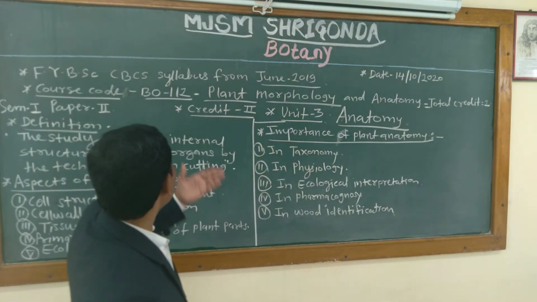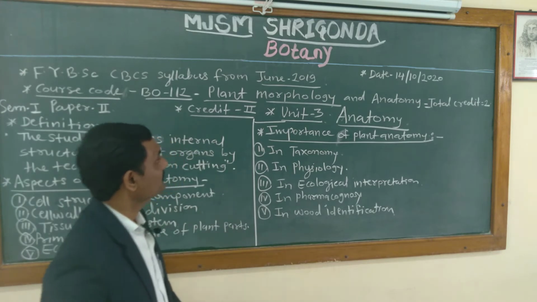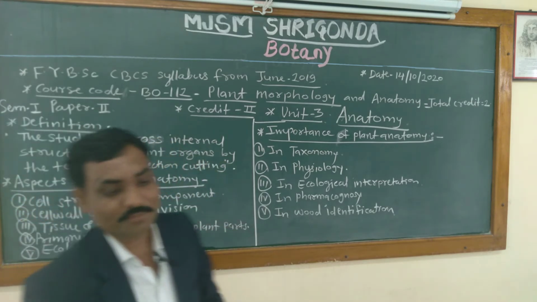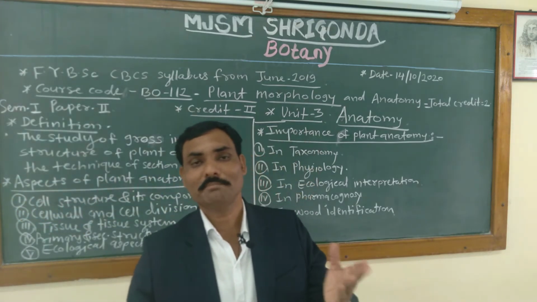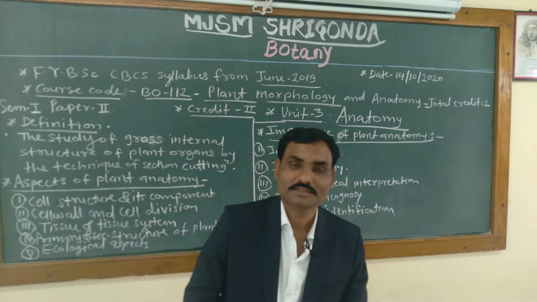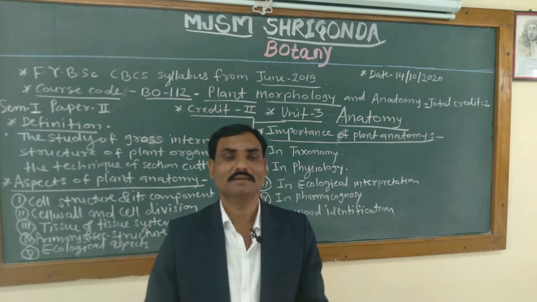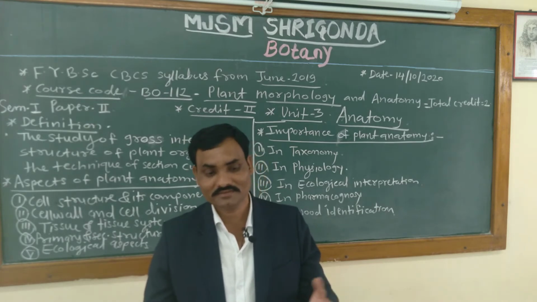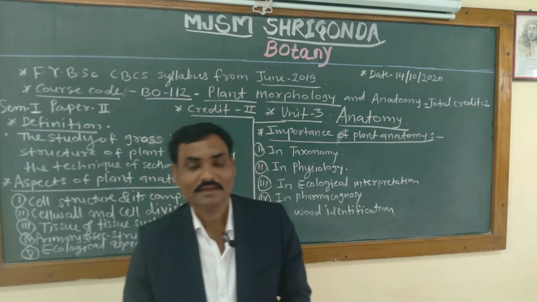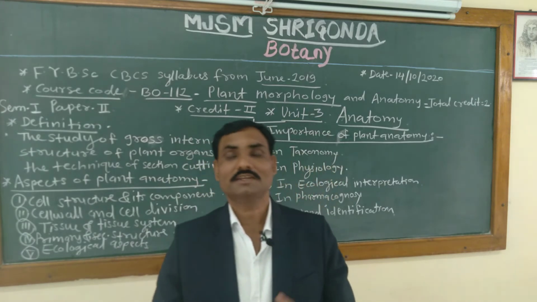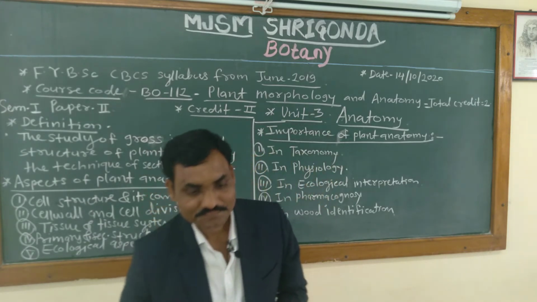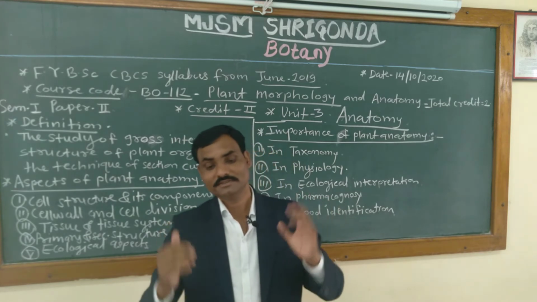This is credit number second. Then what is anatomy, what is the introductory part about anatomy? It is also a very important part of plant science, and it is of great importance.